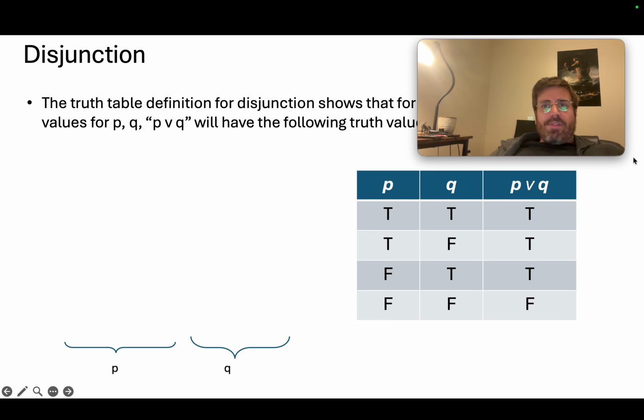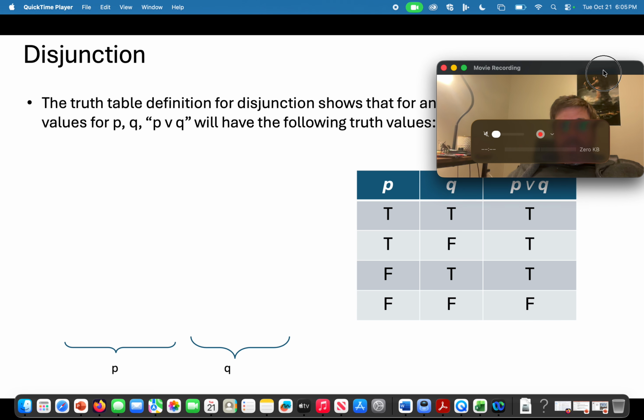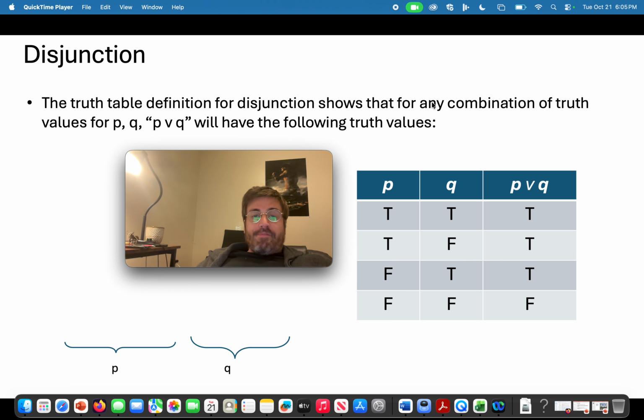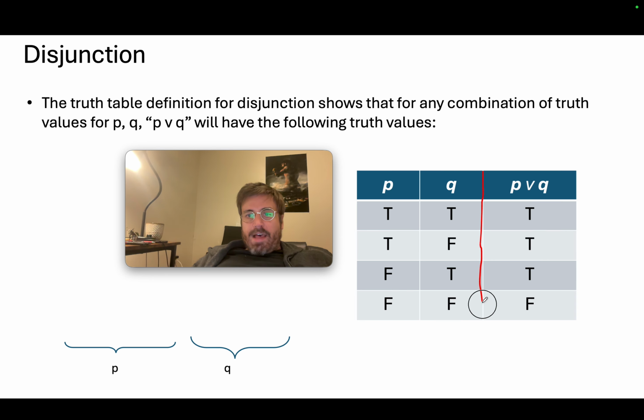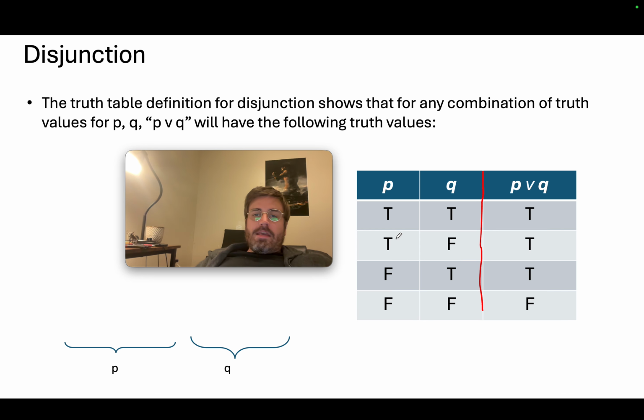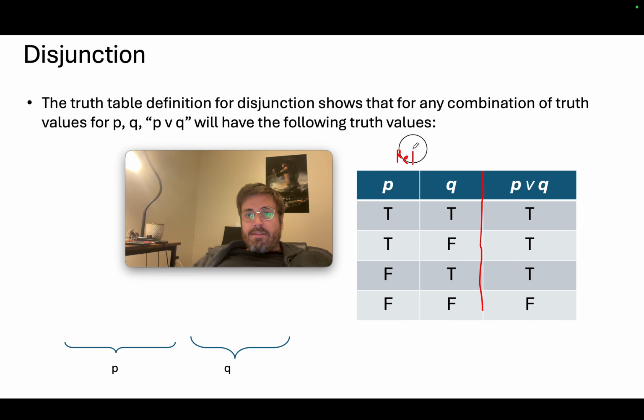Okay, now let's look at the truth functions for disjunction. The truth table definition for disjunction shows that for any combination of truth values of P and Q, either P or Q will have the following values. So let's have a look. Once again, on the left, we have indicated our reference table to set off P and Q. The arrangement for the reference table over here on the left is exactly the same as it was for the dot, because we have the same number of variables.